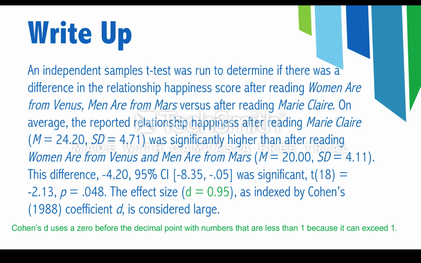That's why I have that statement, as indexed by Cohen, 1988, coefficient d. And I make sure that I have a 0 before my decimal place for 0.95 because Cohen's d can exceed 1.